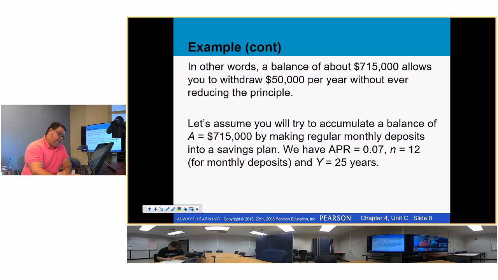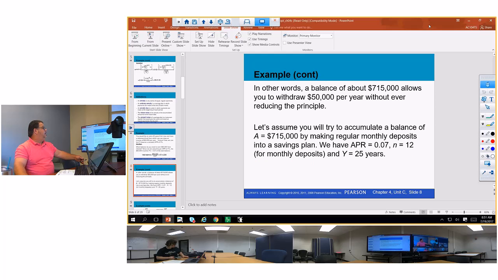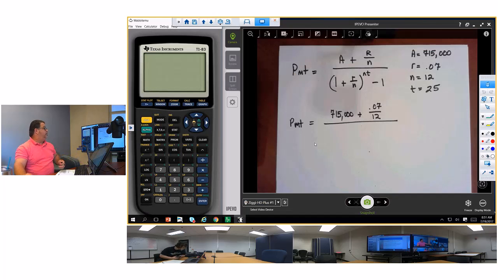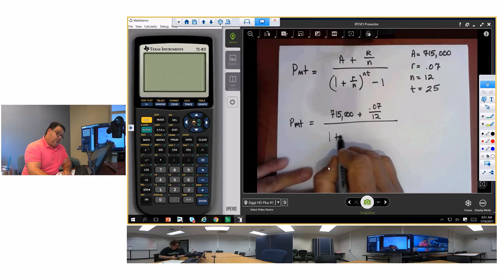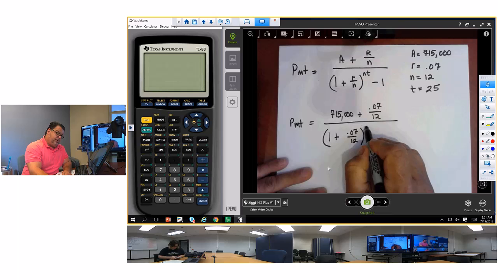So the payment is equal to 715,000 plus 0.07 divided by 12, over 1 plus 0.07 divided by 12 raised to the 12 times 25.